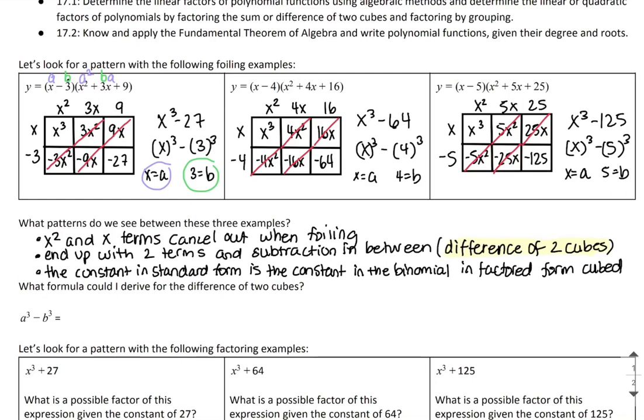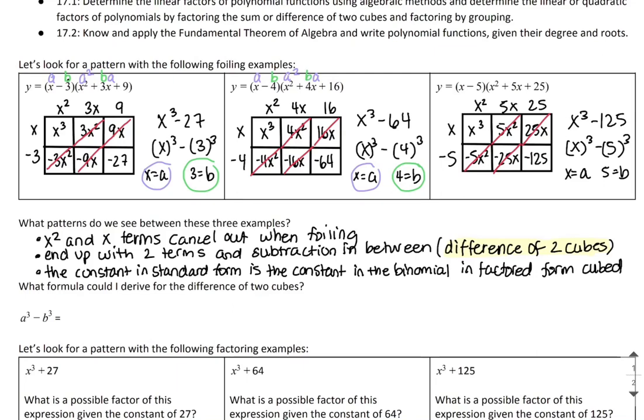I'm going to look at my second example. So I have x is equal to a, and everywhere I see an x in the factored form, I'm going to replace it with a. So I have an a here, an a squared here, an a here. And then everywhere I see a 4, I'm going to change it to b. So I have a b here, and again, I don't know what that last term is.